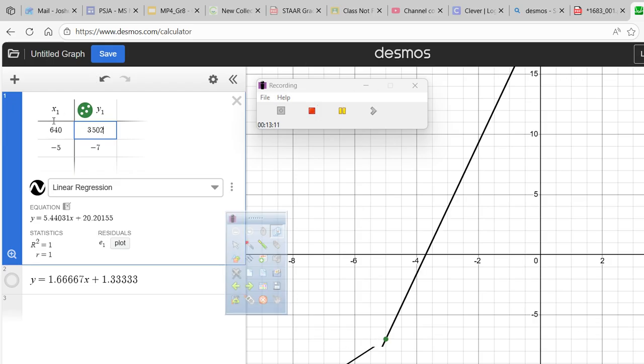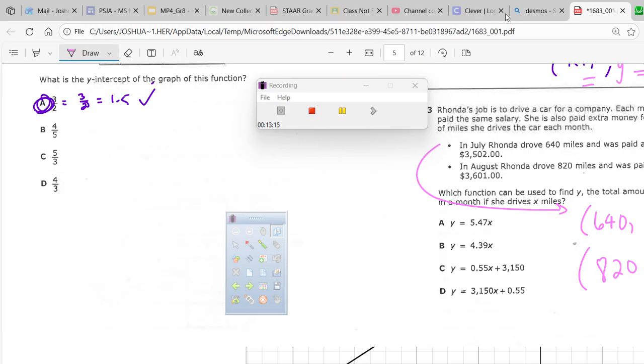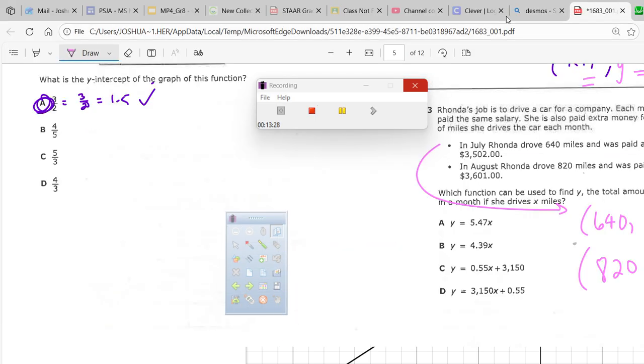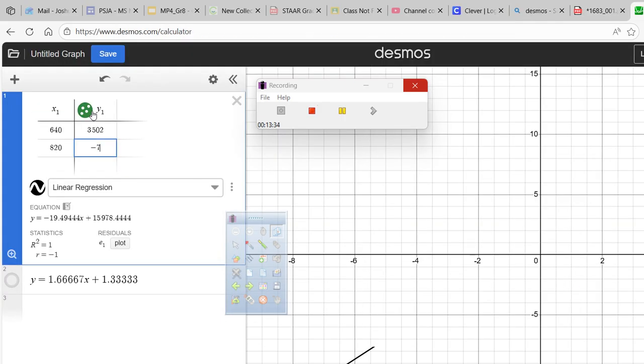And go with 820, and then 3601. Oop, what did I do? 3 and 820, 360. Okay, let's double check.